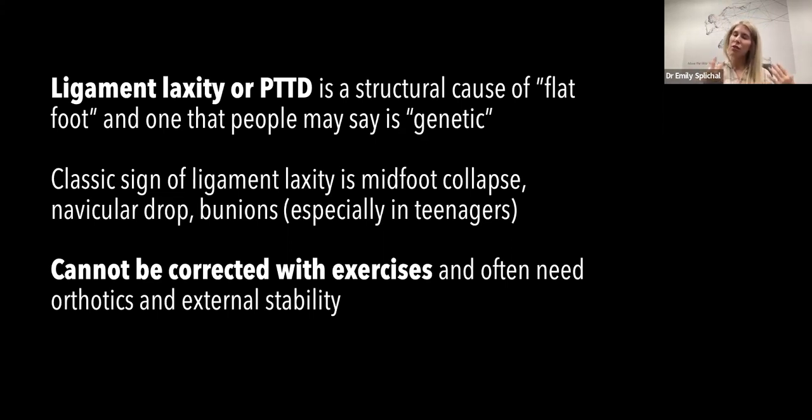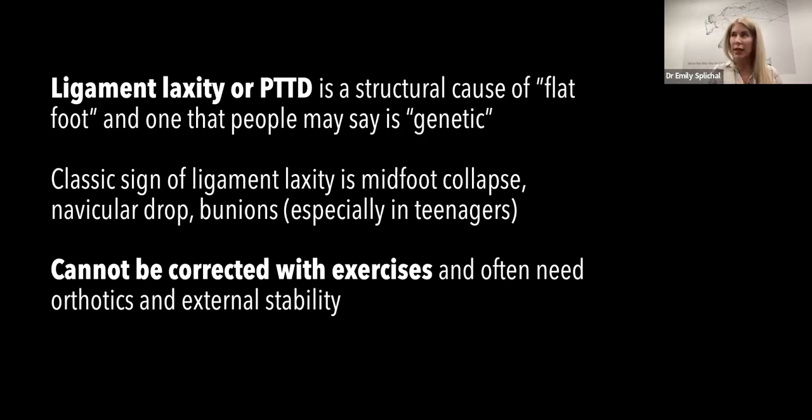Okay? So some classic signs of ligament laxity are going to be a midfoot collapse, navicular drop, and bunions, especially bunions in teenagers. If you see juvenile hallux valgus, which is bunions in teenagers, there is always ligament laxity present.